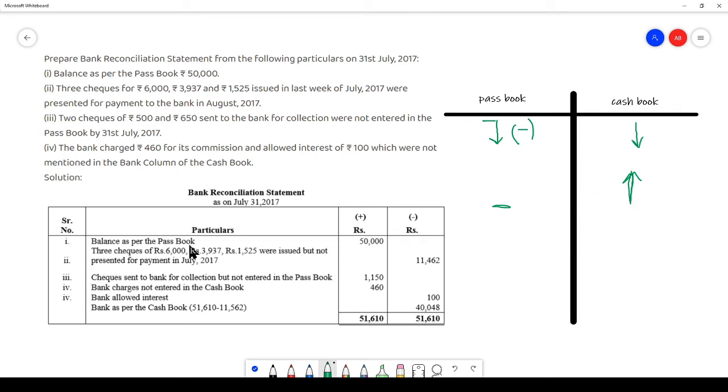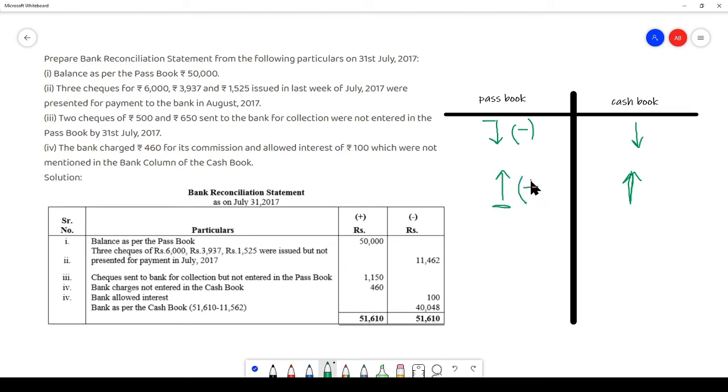So now I am doing the problem from my passbook and I want to reach my cash book. So definitely I need to move my passbook in the direction of the cash book. In order to move my passbook balance to my cash book, I need to move up to make them equal. So moving up means adding.